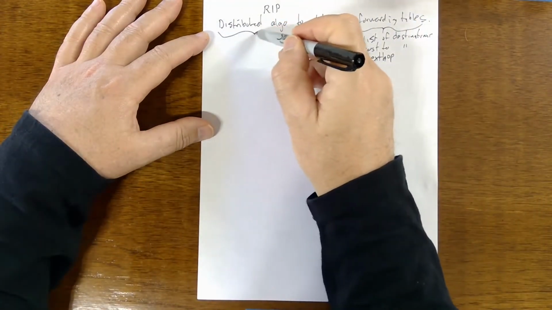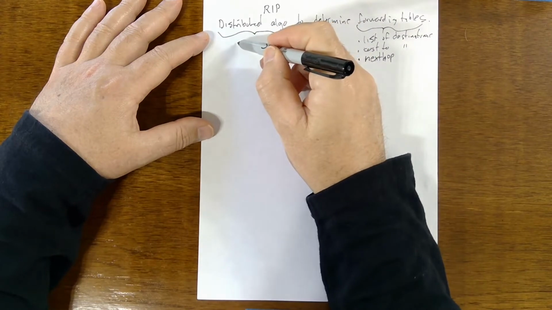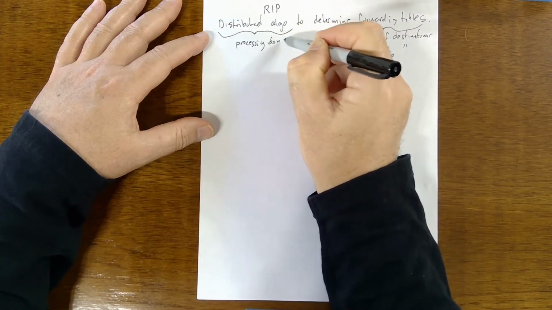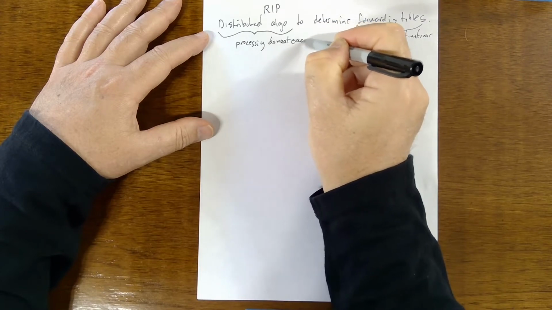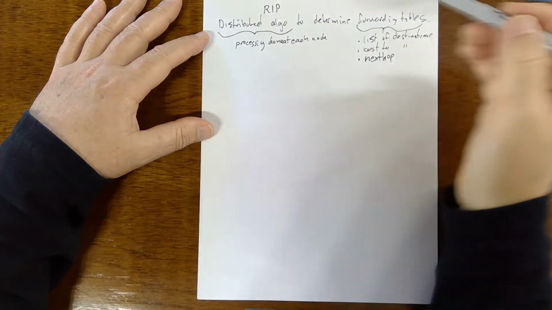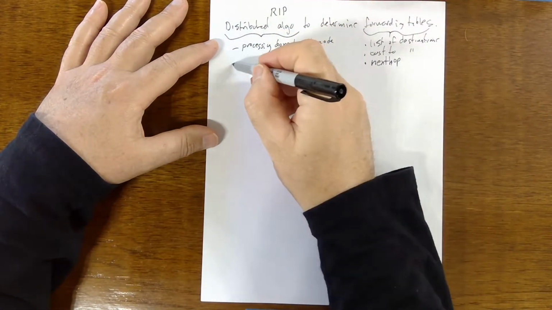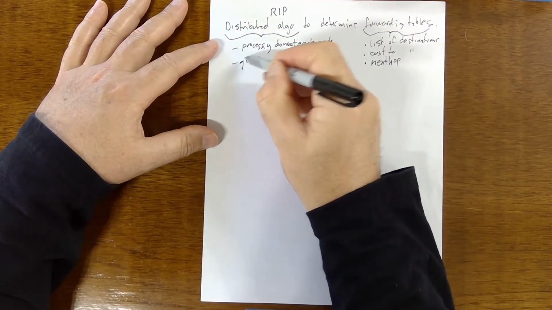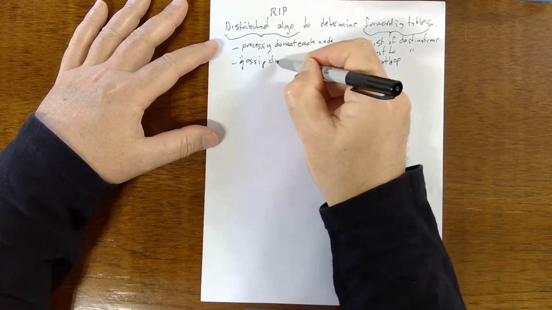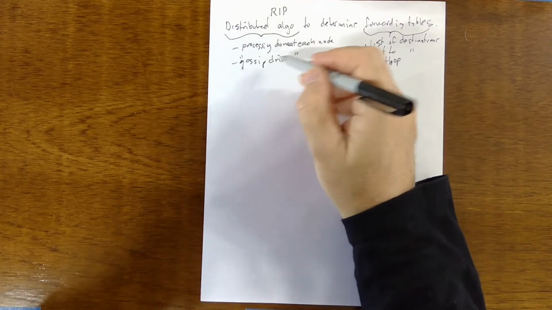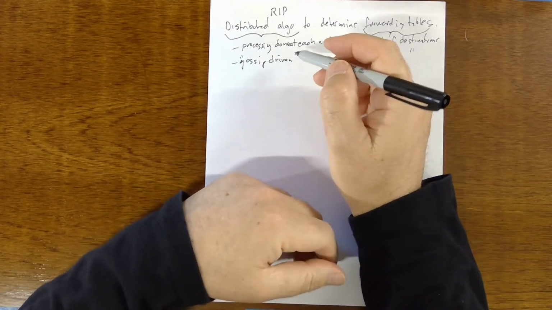Okay, this is a distributed algorithm because processing is done at each node. Each node is doing a little bit of the calculations. It's also gossip-driven, I like to say, because the way it works is each node talks to its neighbors.